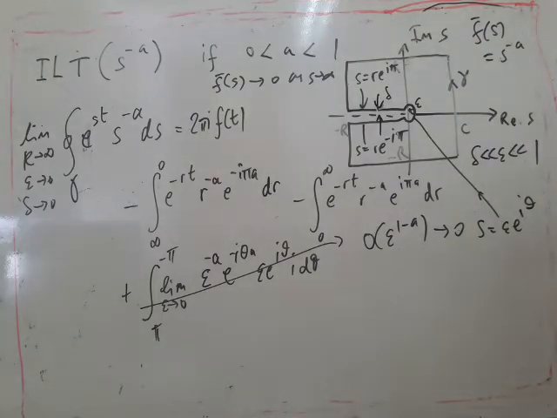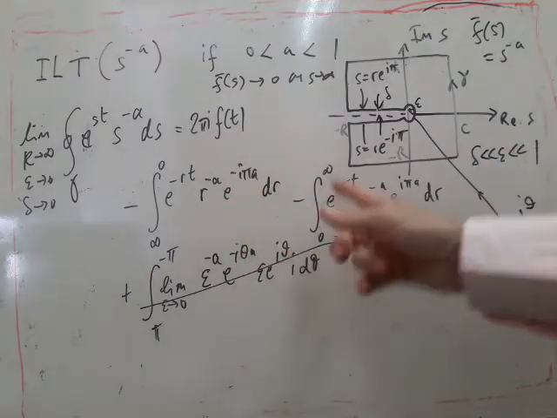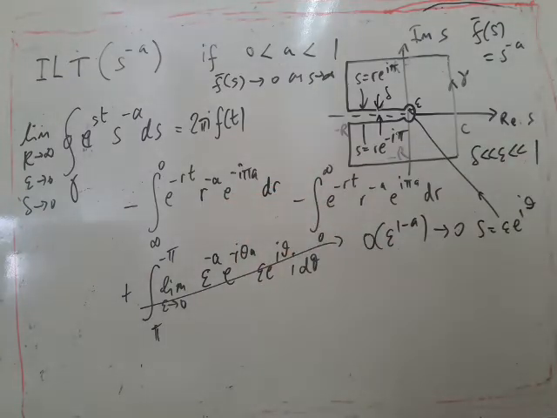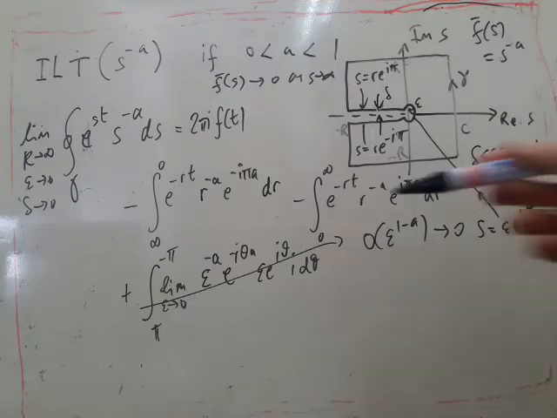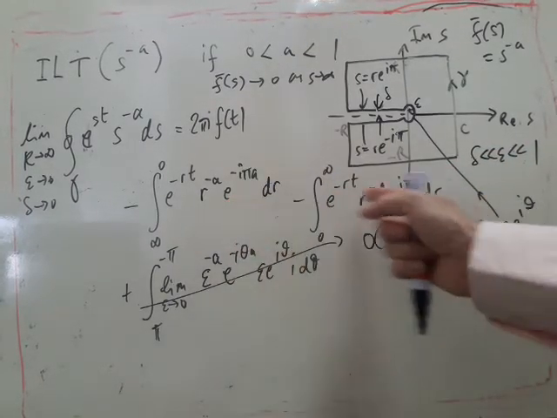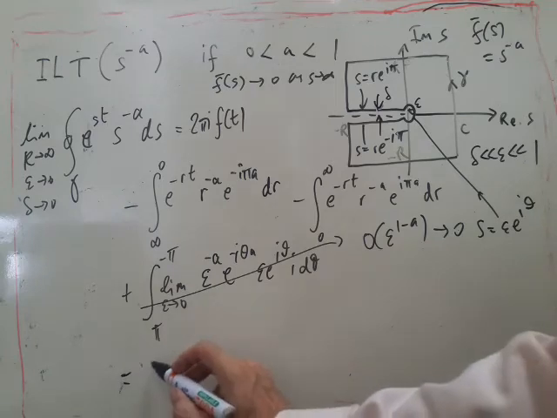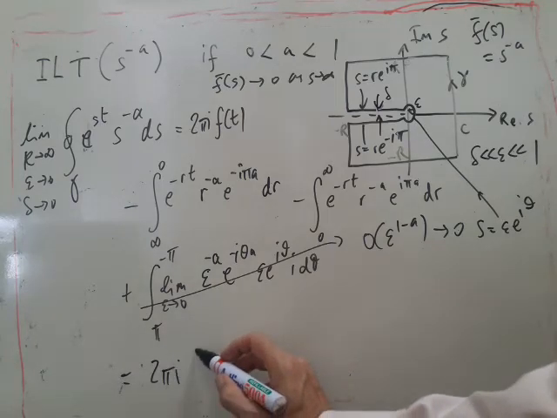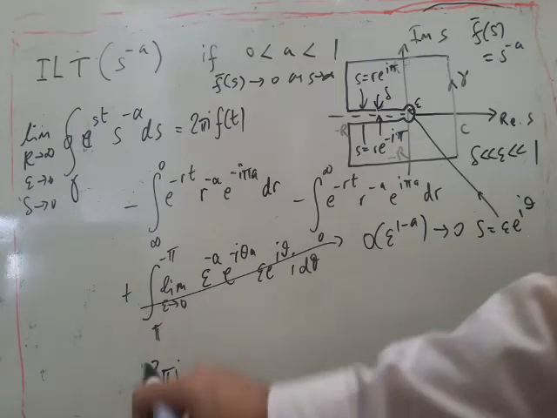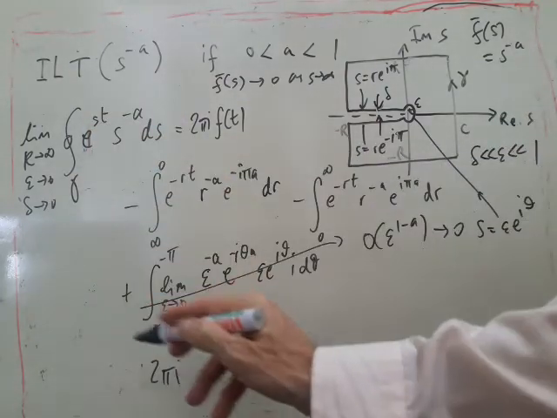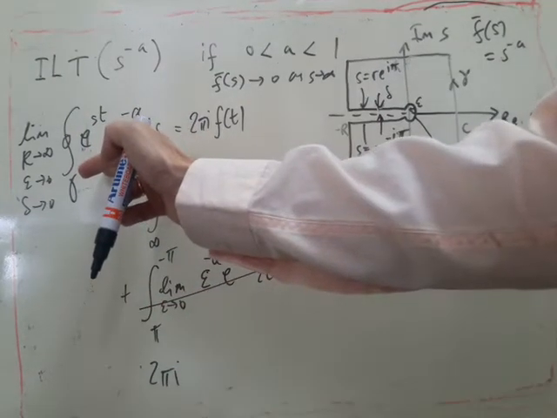So all that's left are these two integrals here. So I can combine them. I can take out these factors here, and I've got 2 pi i. Okay, well there's no residues here, so basically this is equal to 0.